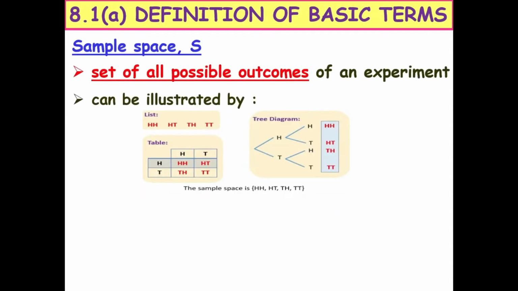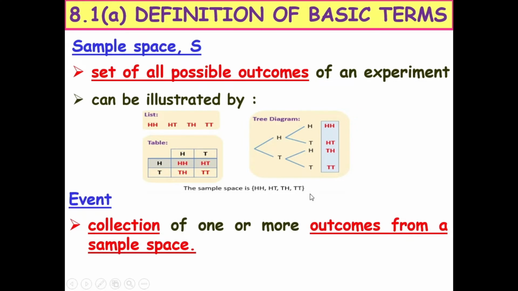Now let's look at sample space, symbolized as capital S. The sample space is the set of all possible outcomes of an experiment. It can be illustrated either in a list or in a set like this, or you can write it in a table, or you can get all the sample space from a tree diagram.